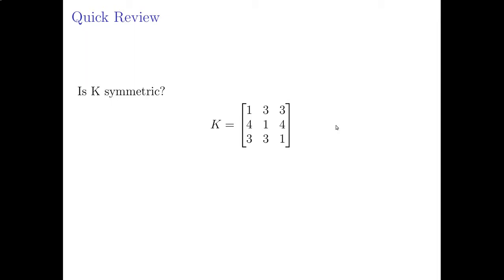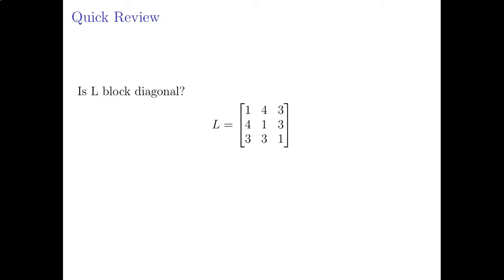Is he symmetric? Again, no, same problem. We do not have the case that the rows and the columns are interchangeable. What about L? Is L symmetric? Yes, finally we have one, because now it's true that for every row I, column J, the element at row J, column I is the same.